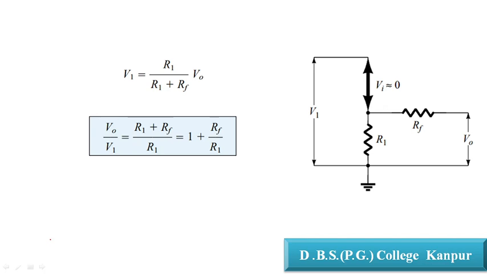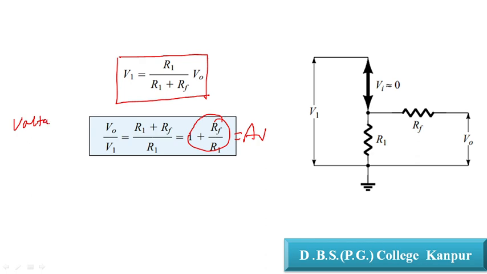The output, V out divided by the input, equals 1 plus RF upon R1. That is AB, the voltage gain.